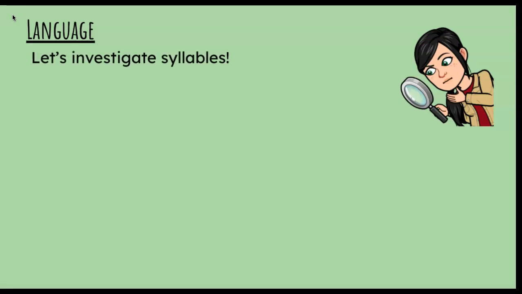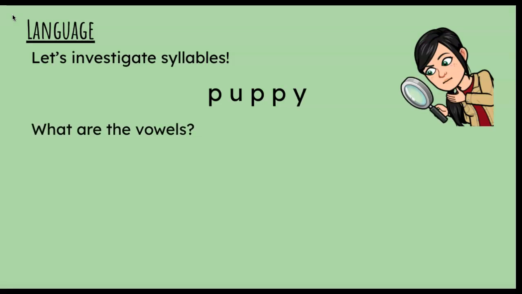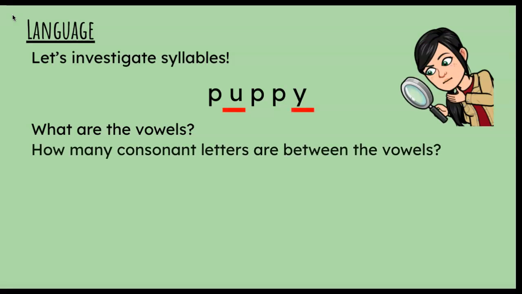We're going to take a look at the syllables, the parts of the word. Here we have the word puppy. What are the vowels? We have a u sound and an e sound at the end. Puppy. How many consonant letters are there between the vowels? In between the U and the Y that makes the E sound, how many consonants do we have?